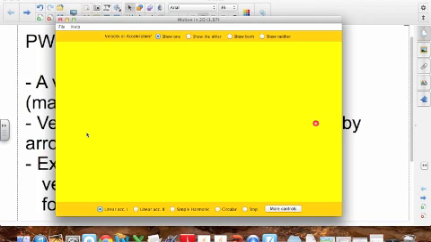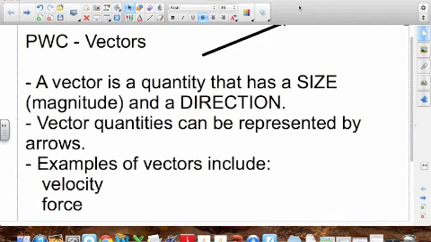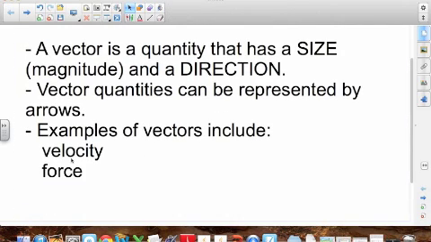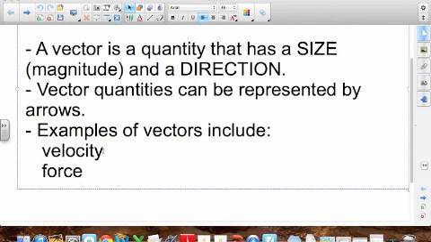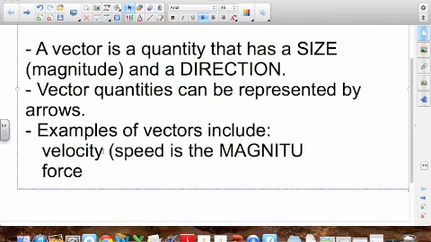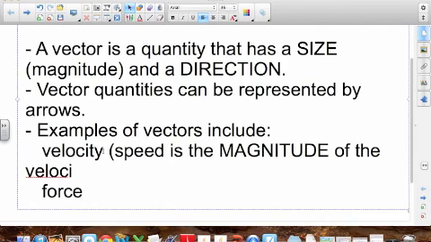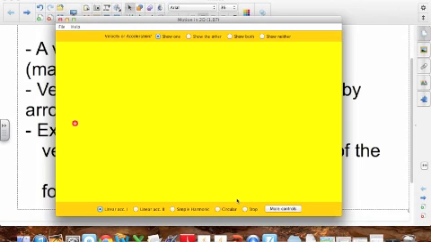Okay? The ball's speed. And so we've kind of glossed over this point a little bit, but speed is the magnitude of the velocity vector.